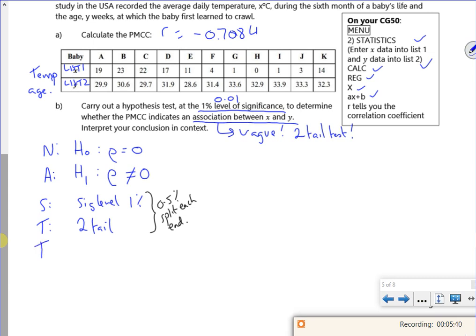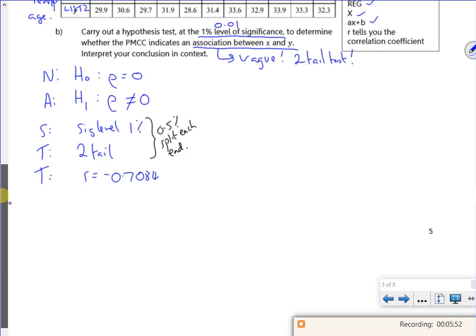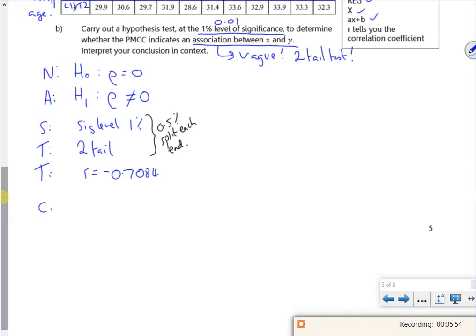My test stat is that r is minus 0.7084. If anybody does psychology, you do loads of this hypothesis testing. Then I've got C, which some people say is the critical region, some people say is the conclusion. Right, so let's be careful here now.